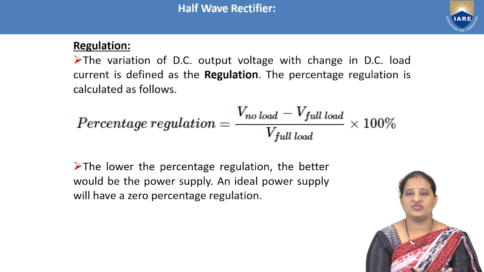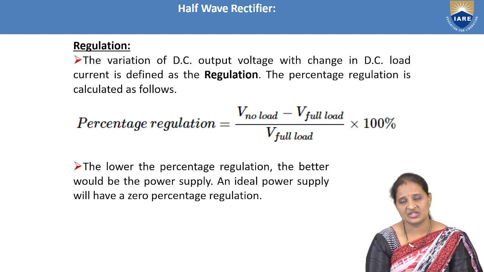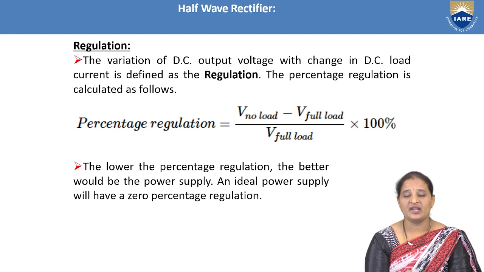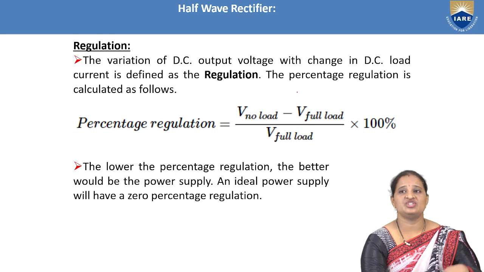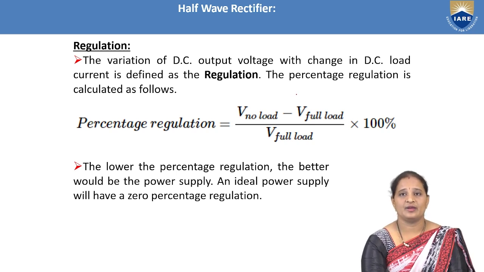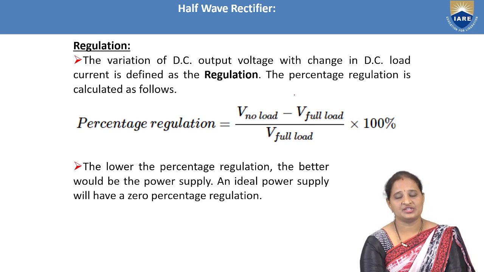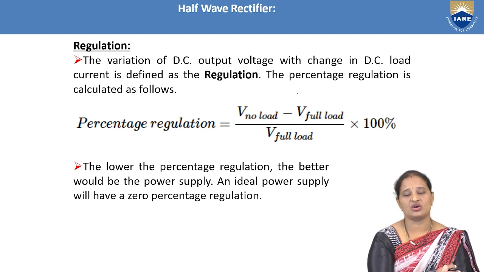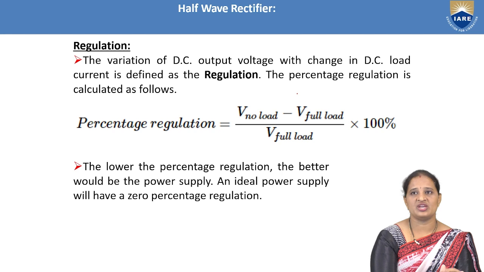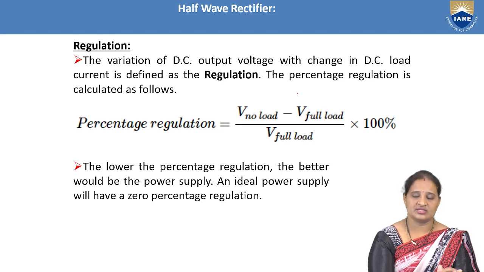Based on this, we can define a factor called percentage regulation, defined as the variation of DC output voltage with a change in DC load current. As I told you, we should not have any change in the output voltage even if there is a change in the load current or load resistance.